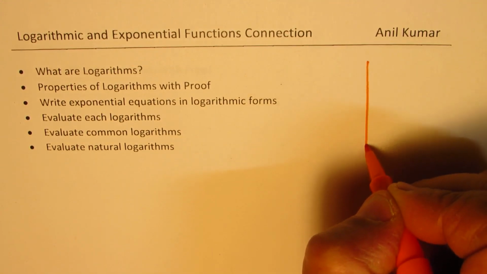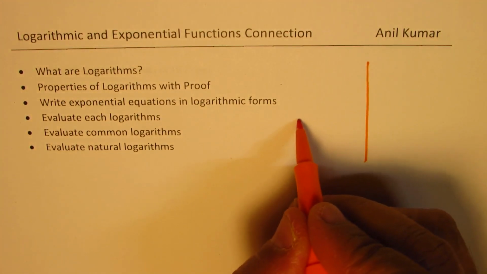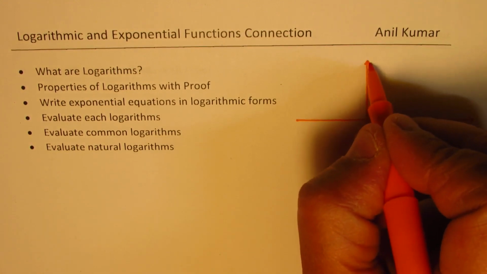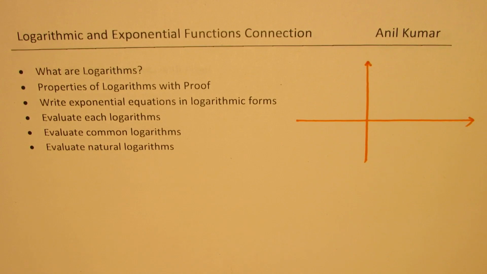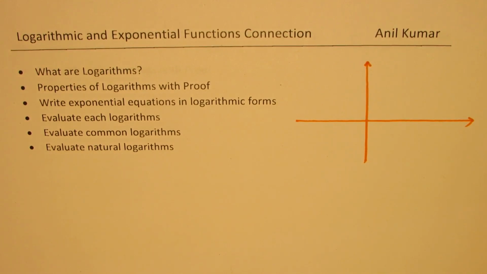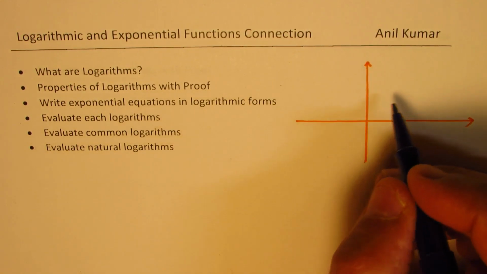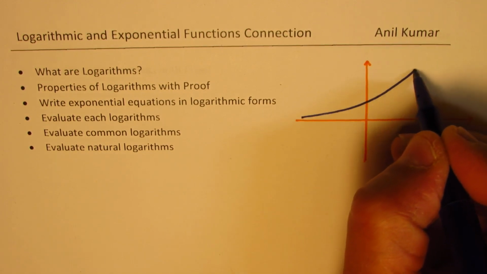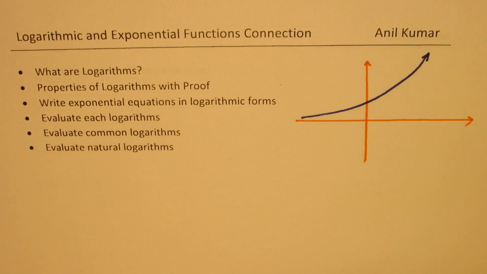So I'll take this opportunity to sketch the graph of exponential functions first. And from there, we know the inverse of an exponential function is a logarithm, right? So simple as that. The exponential function graph will always be increasing, kind of like this.